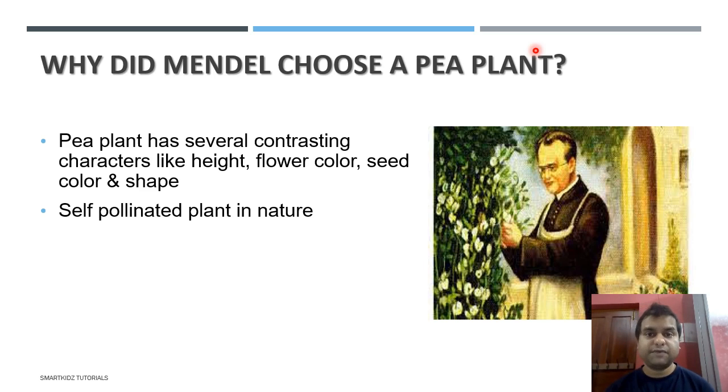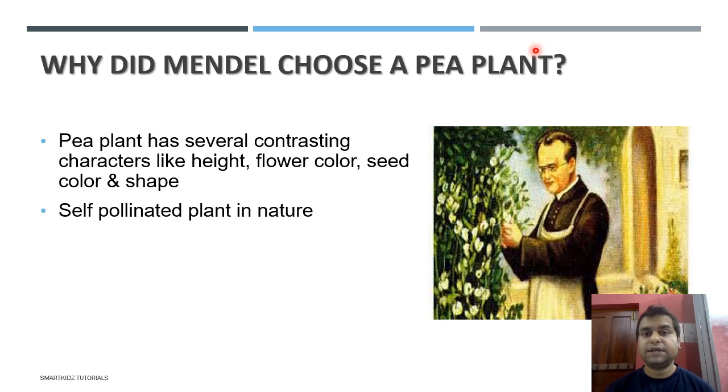To put it in very simple terms, in self-pollination, the male gamete or the male germ cell is transferred between the same plant. That is, it is transferred from the male part of the plant to the female part of the same plant.